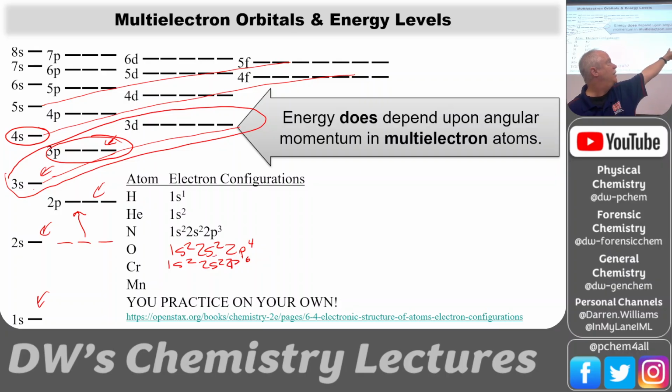Then we're going to jump down here, 3s2, 3p6, because we got past argon. And we come in here to row 4, 4s2. And then we should have 3d4.